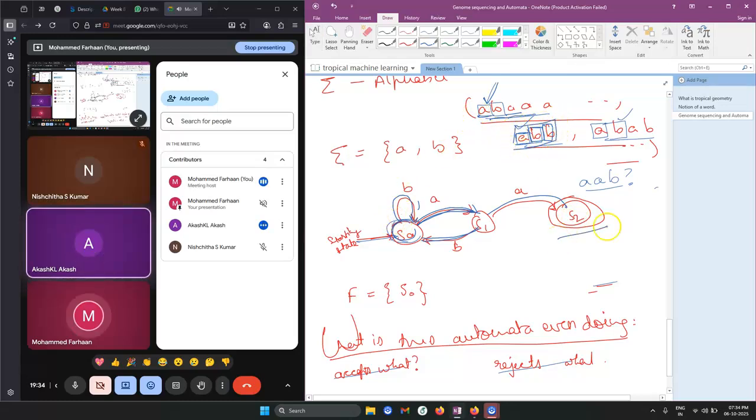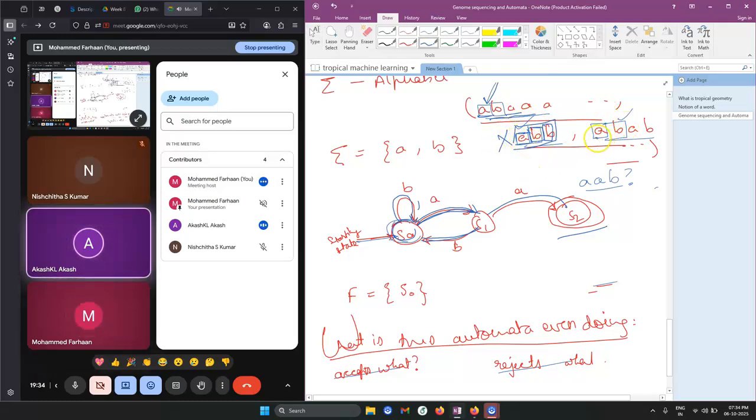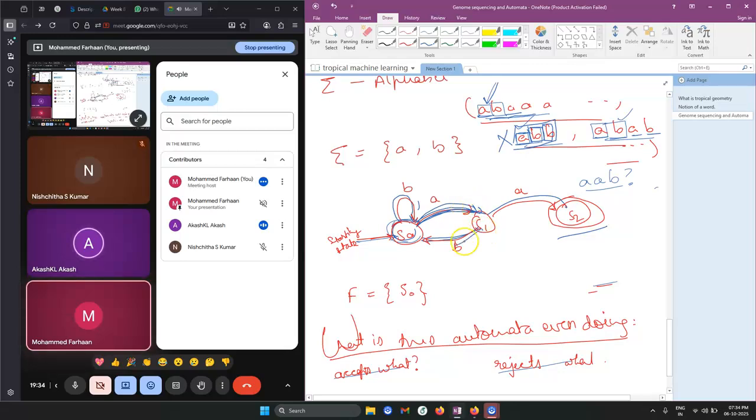It has not reached the accept state, and hence ABB is rejected. Lastly, AB. So A like this, B like this, A like this, B like this. The entire word is over and still hasn't reached the accept state, so this word is also rejected.